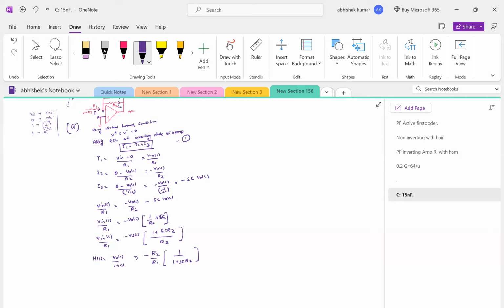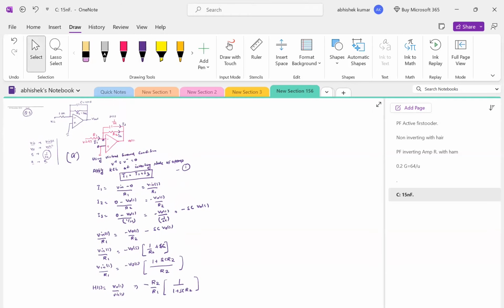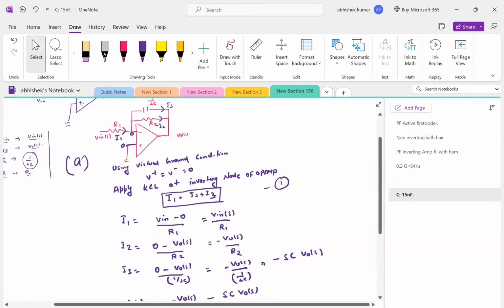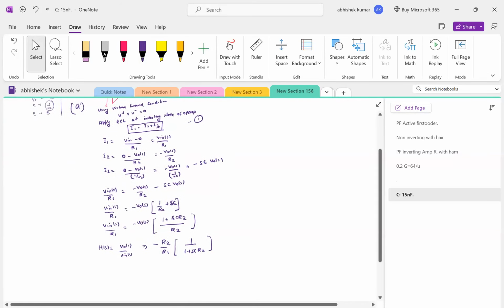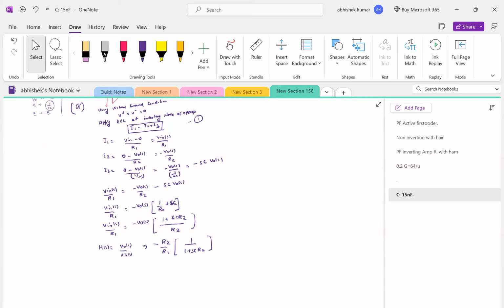There is no doubt, but if I don't want to simplify, can I write VO in S domain by VI in S domain equal to minus 1 by R1 by 1 by R2 plus SC?